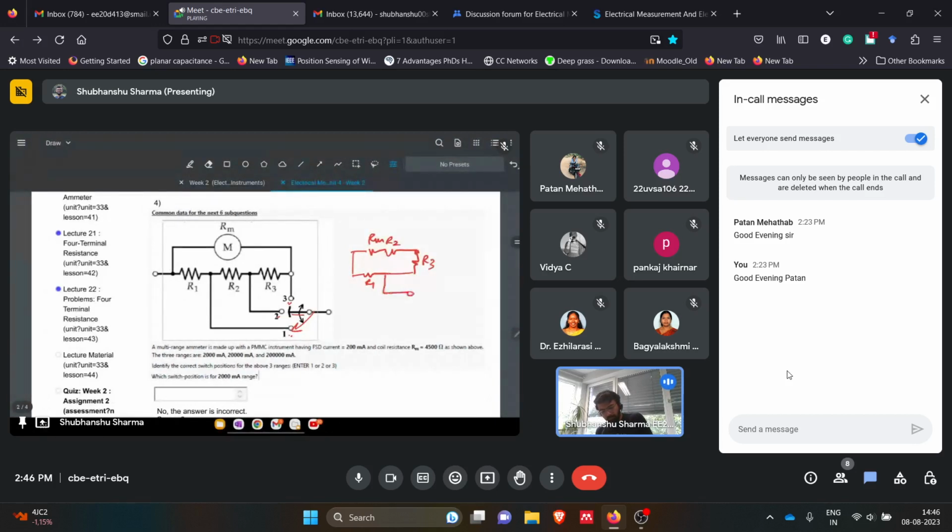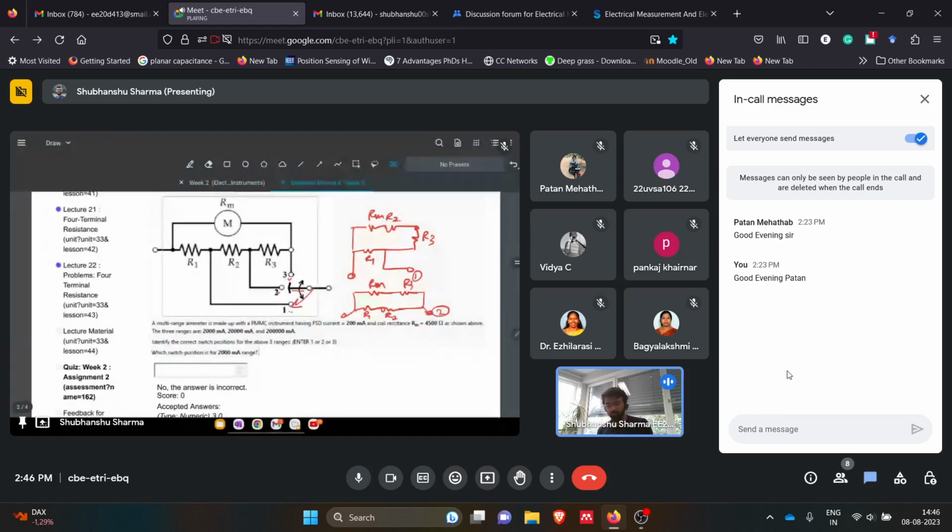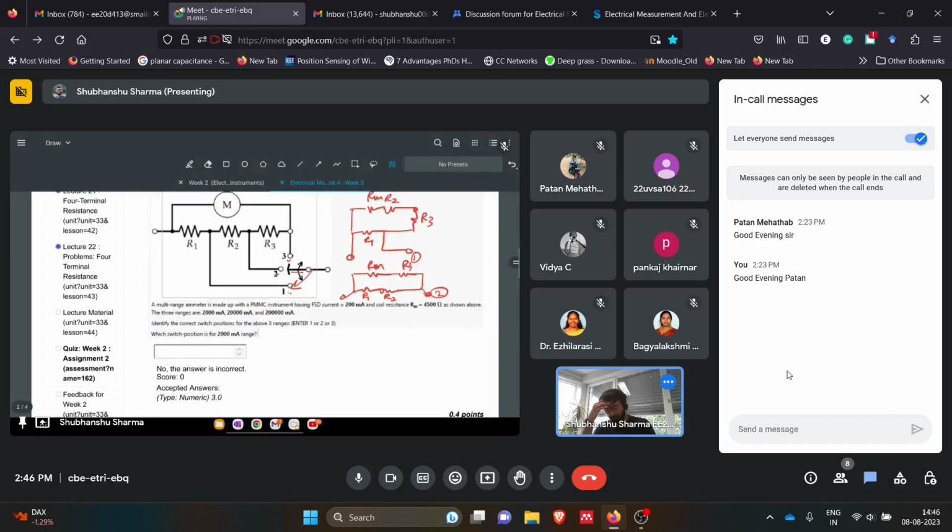For position 2, this is RM, and in parallel we have R1 and R2, then we have R3 like this. These are the two terminals. This is position 2, and similarly you can go for position 3. This is basic KVL and KCL you can apply and then solve this. So this is also a simple question.